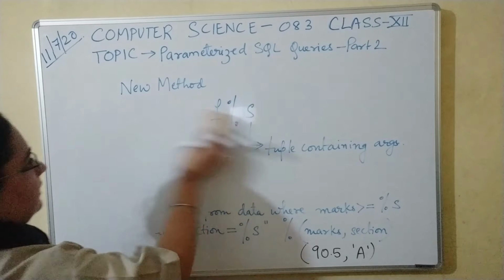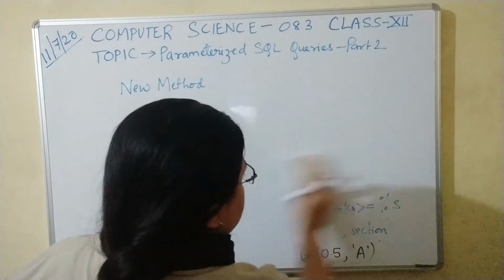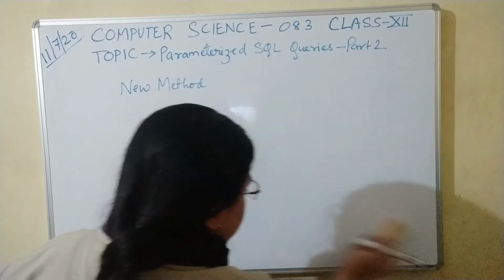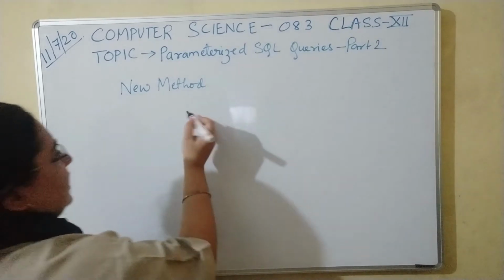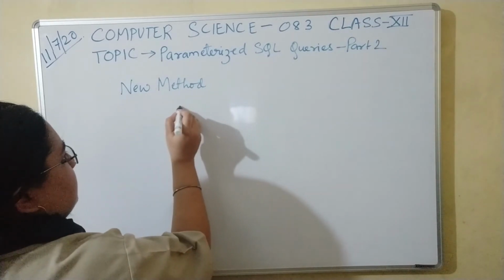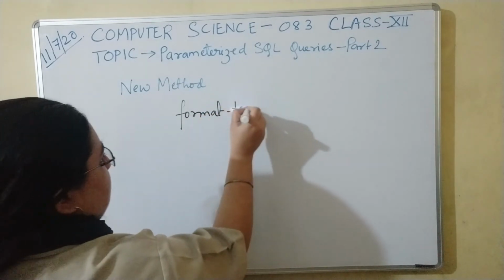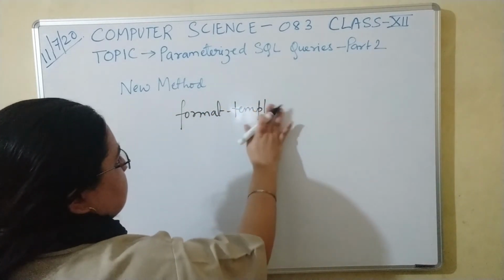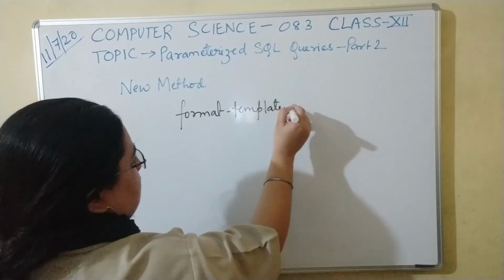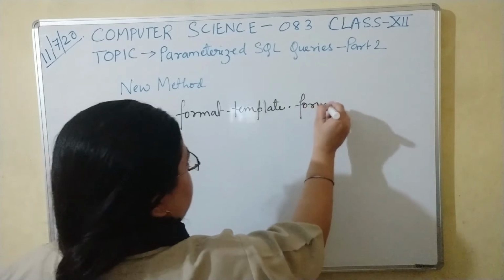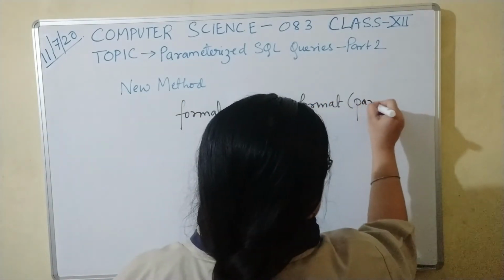Now a new style with the new versions of Python, a new and easy to remember style, was introduced, that is the new method, where we normally give the format as this way: format template, dot format function, and within this you provide the parameters.